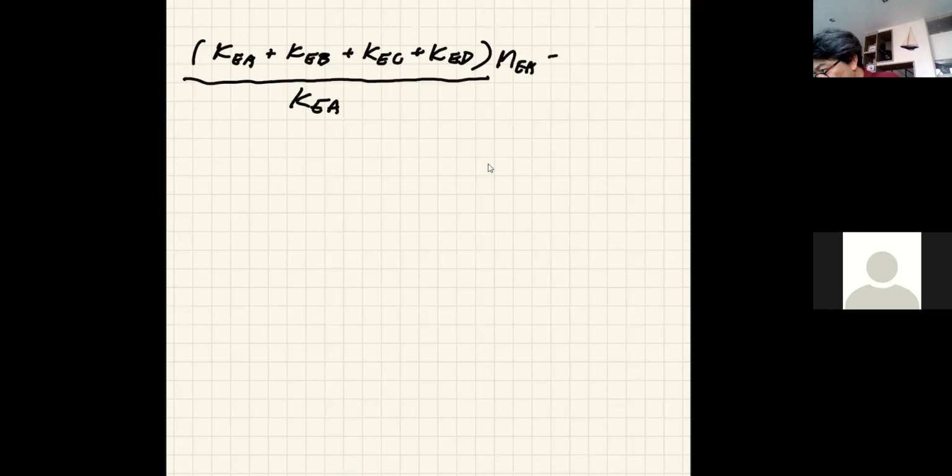I move the fixed end moment to the opposite side, so it becomes sigma FEM at joint E.